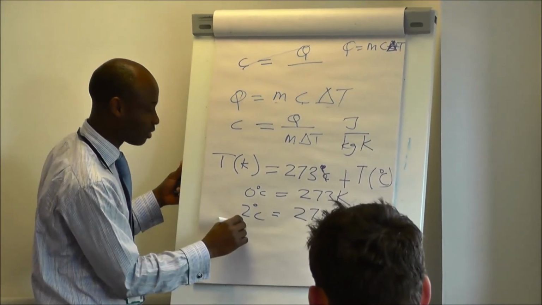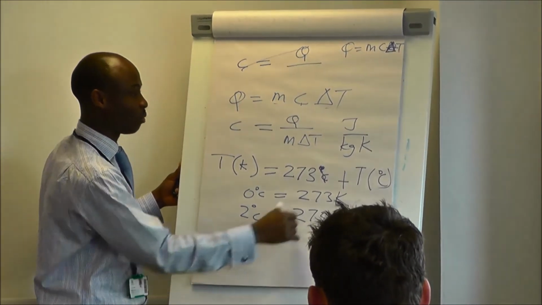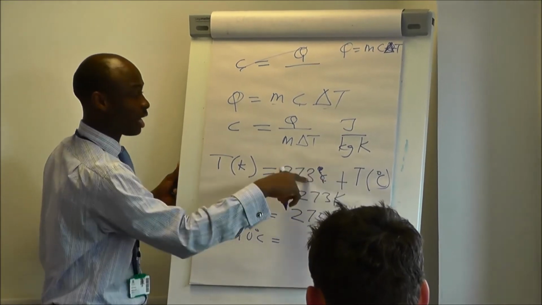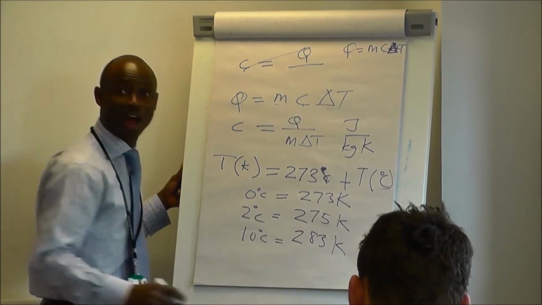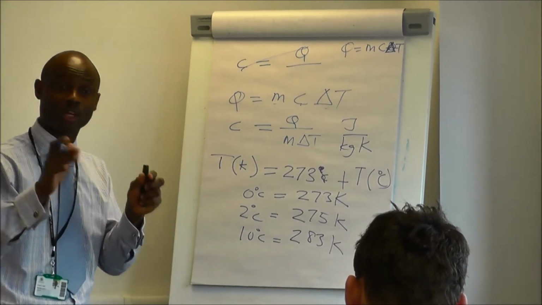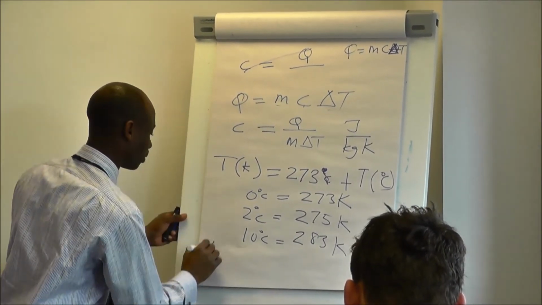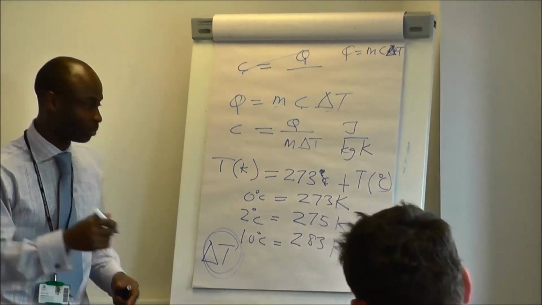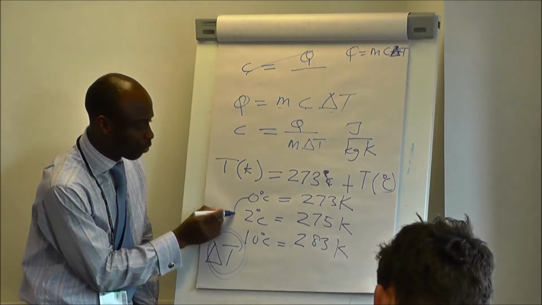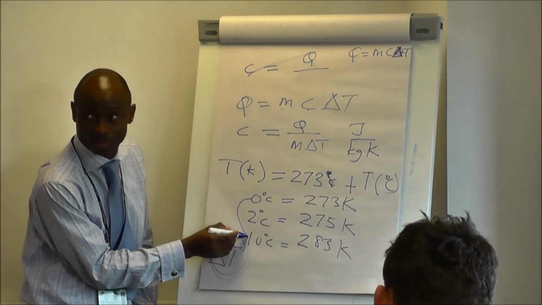If it is 10 degrees Celsius, put 10 here, what are you going to have? You have 283 Kelvin. Now, because we are dealing with a change in temperature from here to here, what is that value?